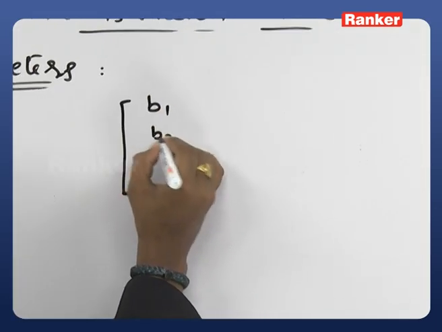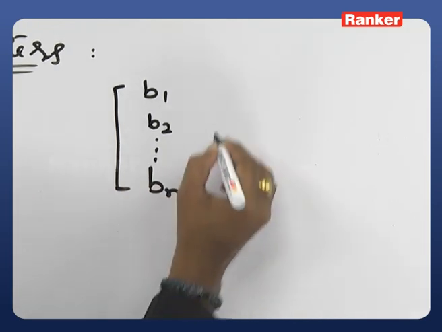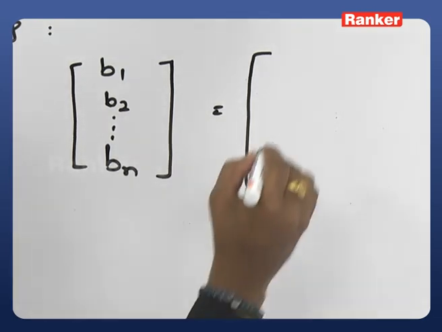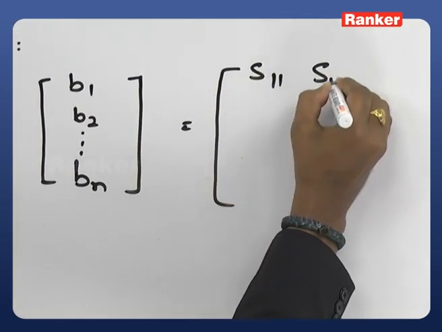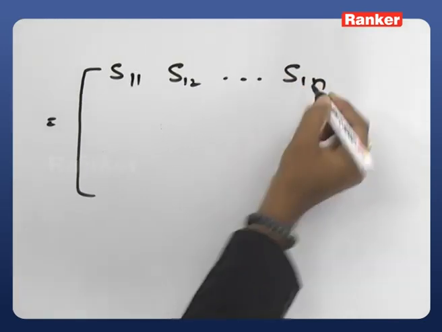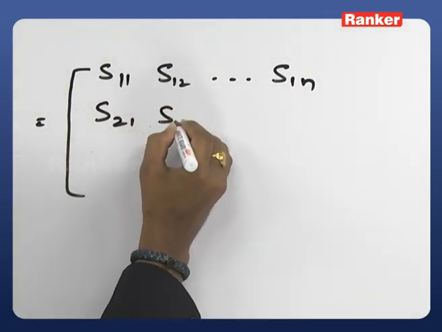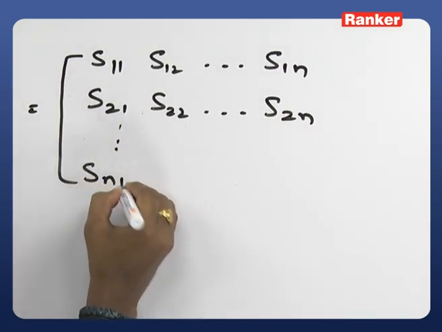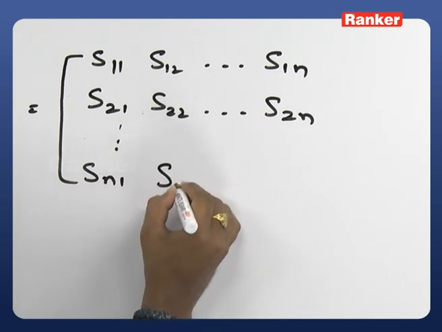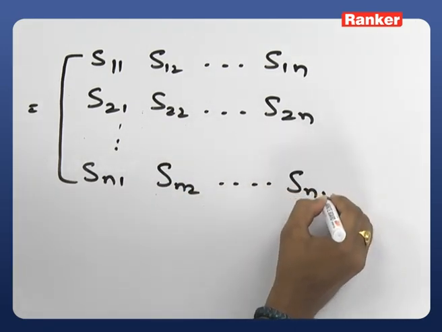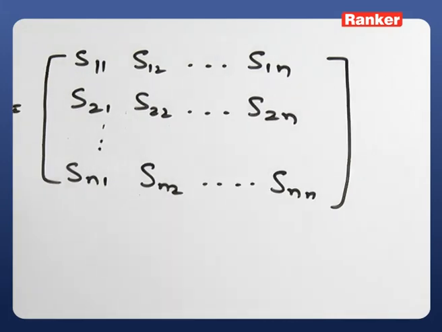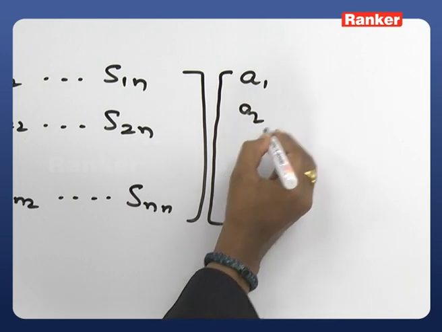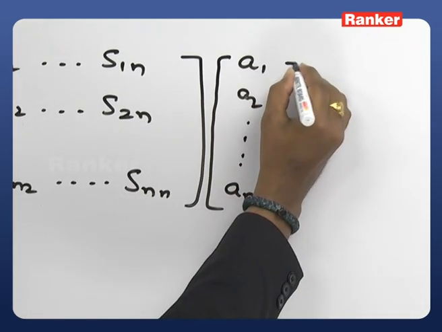B1, B2 up to Bn, which equals, since it is a linear equation, easily you can write it down: S11, S12 up to S1n; S21, S22 up to S2n; similarly, the last one is Sn1, Sn2 up to Snn, multiplied with the coefficients A1, A2 up to An.